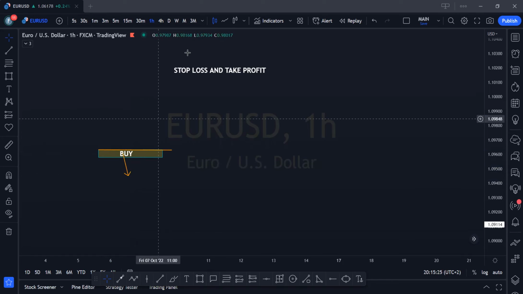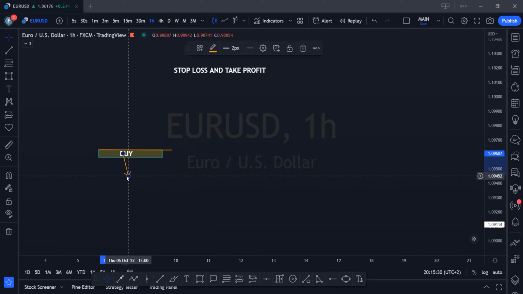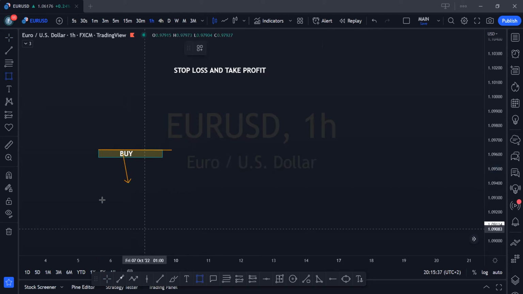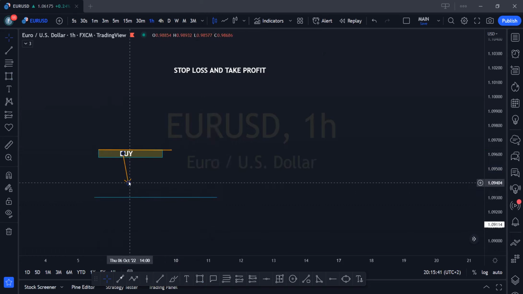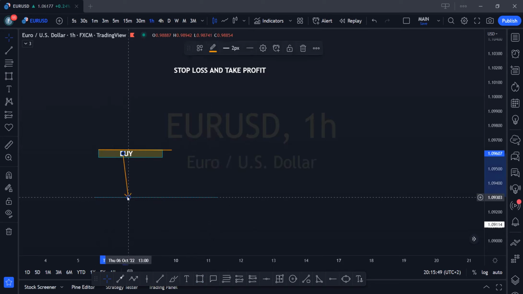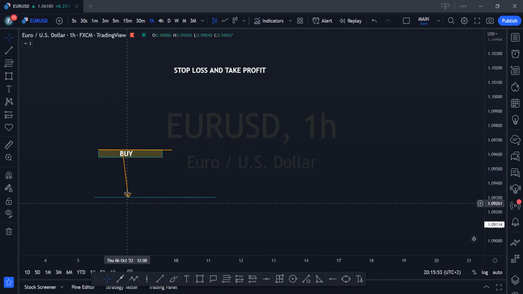A stop loss is a price point where you want to exit a trade in a loss. That's the maximum loss you are willing to incur on that trade. So maybe your stop loss will now be somewhere here. If for any reason price comes down to this price point, automatically MT5 is going to close that trade for you in a loss. So you wouldn't lose more than price getting beyond this point here, right?